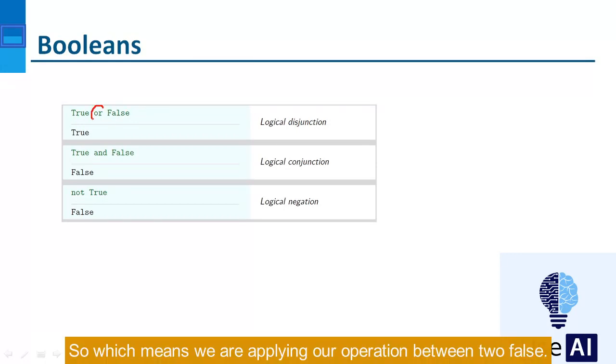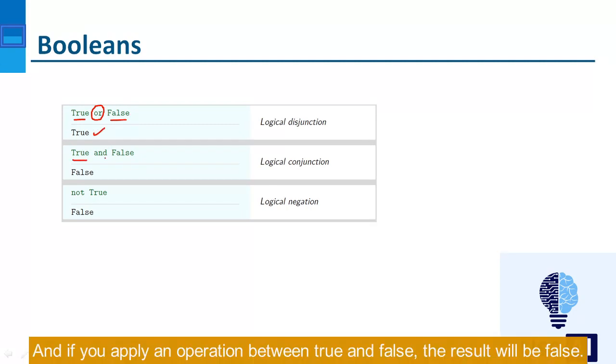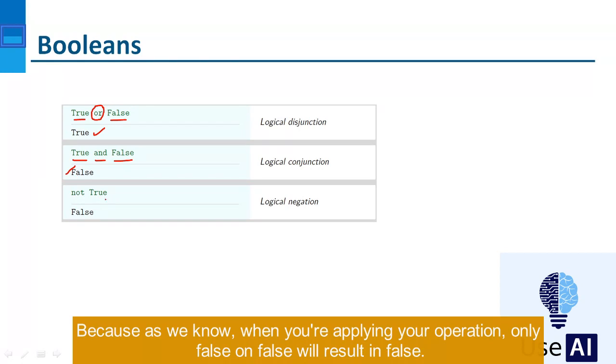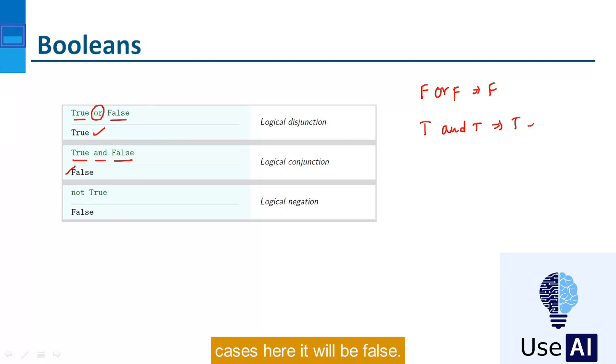Which means we are applying OR operation between true and false. True or false will result in true. And if you apply AND operation between true and false, the result will be false. Okay. Because as we know, when you're applying OR operation, only false or false will result in false, and in all other cases it will be true. And when you're applying AND operation, only true and true will result in true, and in all other cases it will be false.